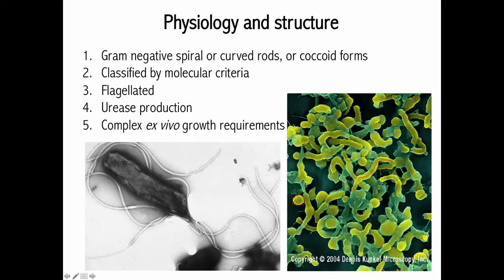And point 5 here, the bacteria has been difficult to study, which is one of the things that hampered Marshall and Warren. It's got very complicated ex vivo growth requirements. So ex vivo just means out of the organism. So the media it's grown in has to be very, very rich.